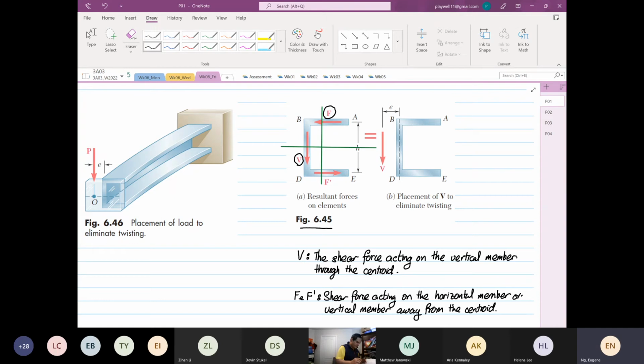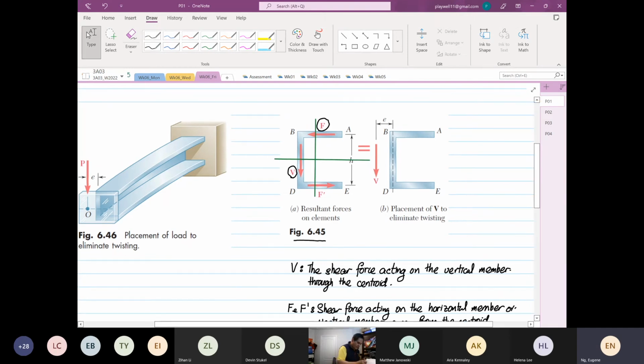From this case, we know that we have a shear force coming down vertically, Vy. So we know that we are going to induce a twist. This is where we have to design our shear force. The shear force is also the same with our shear flow. The web controls the direction.